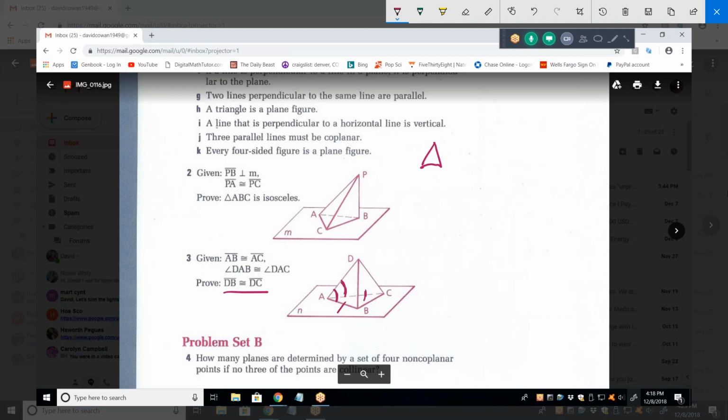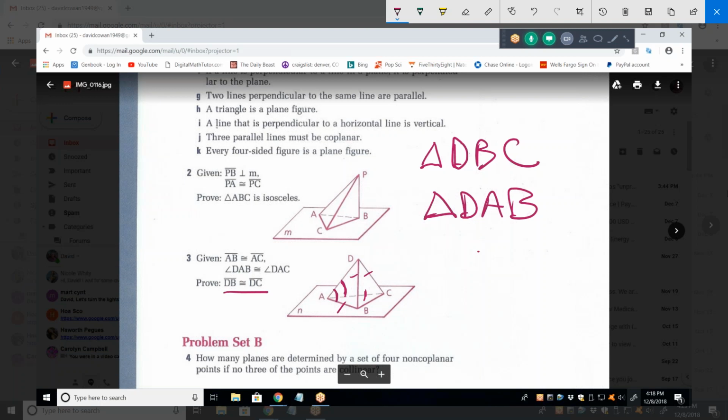DBC and DAB are these two front-facing triangles that we're looking at. And if we can prove that they're congruent, then DB would be equal to DC.